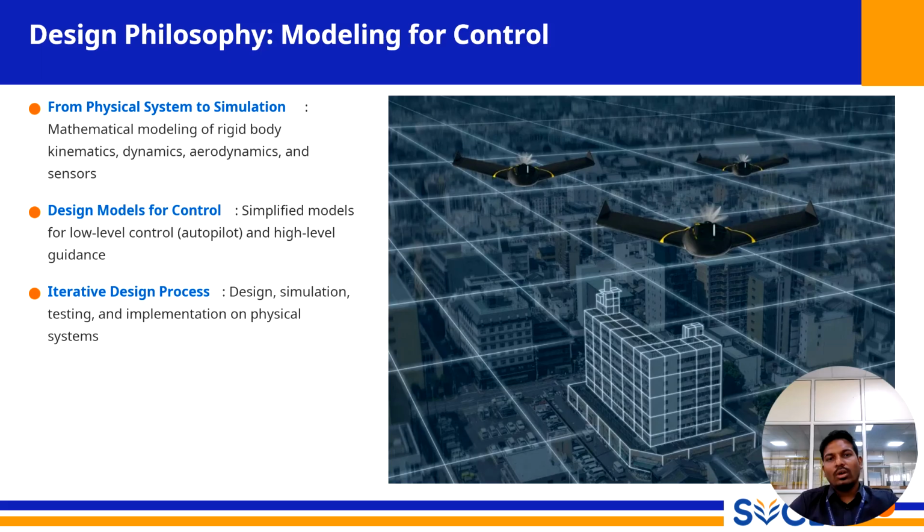This includes modeling its rigid body kinematics, which describes the geometry of its motion, its position, velocity and orientation without considering the forces involved. Next, modeling its dynamics, which is where we apply physics to understand how forces and torques cause the drone to accelerate and rotate.